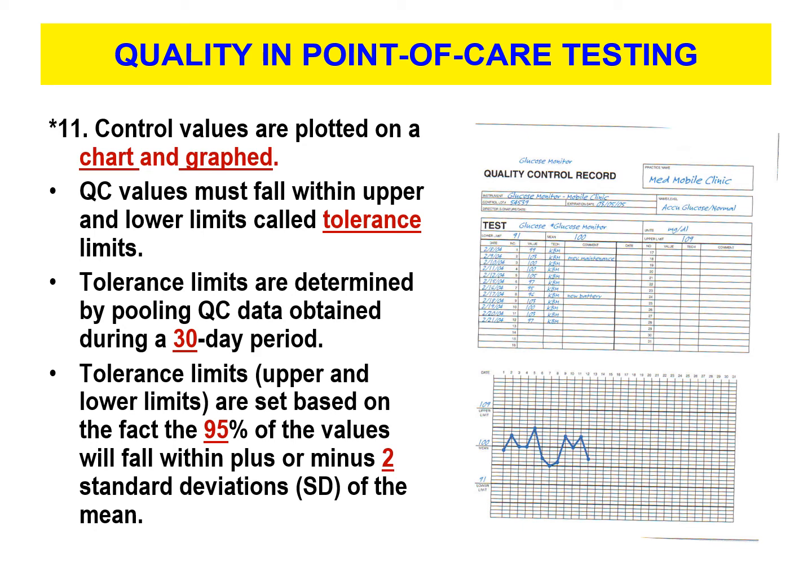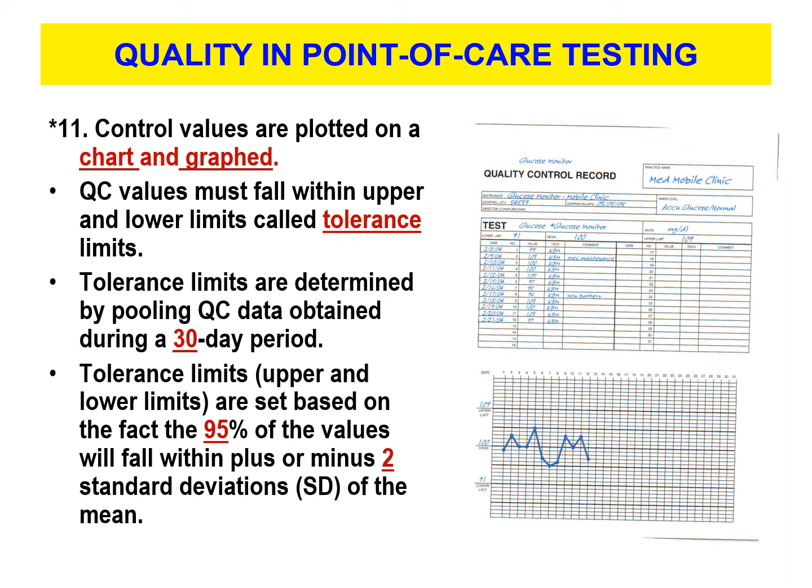Say that our mean is 50, and then our upper limit is, let's just say 52, and our lower limit is 48, okay? So then when we run our quality control, our results should come in anywhere between 48 and 52.